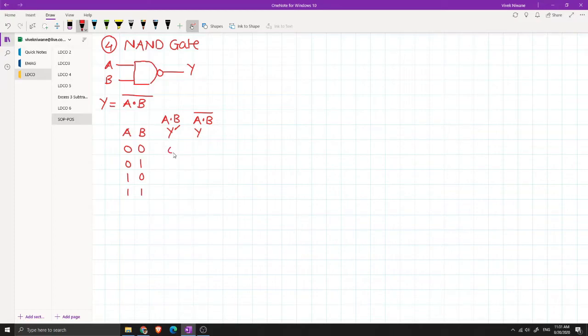So 0 into 0 is 0, 0 into 1 is 0, 0, 1, and then its complement: 1, 1, 1, 0. In the truth table of the NAND gate, we write down only this much.